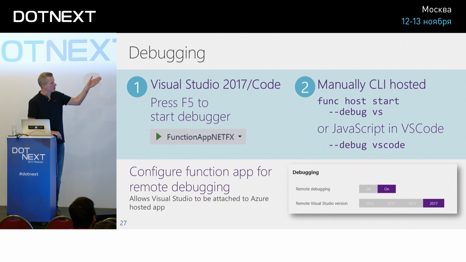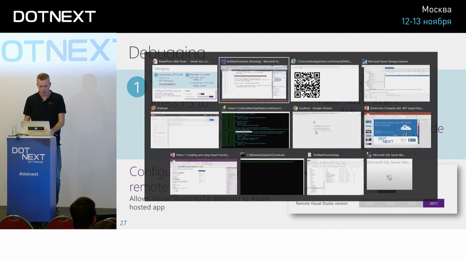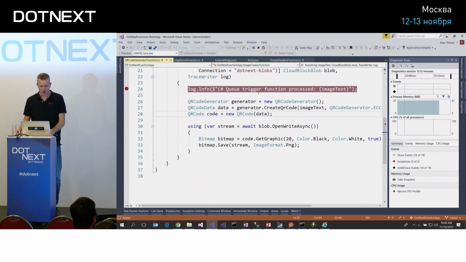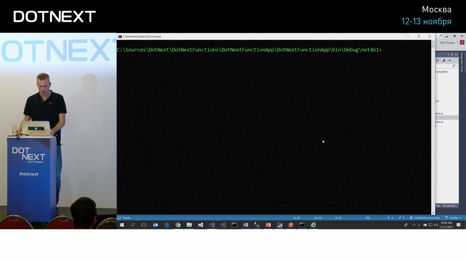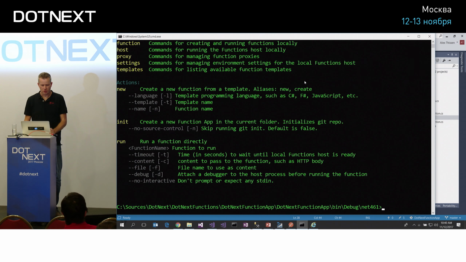But you can also do it from the command line interface and start your host there, which is something I have prepared. I'll stop this one and give up on the item arriving. And we'll go to here. So I'm now in the bin debug folder net461. There's the function runtime.